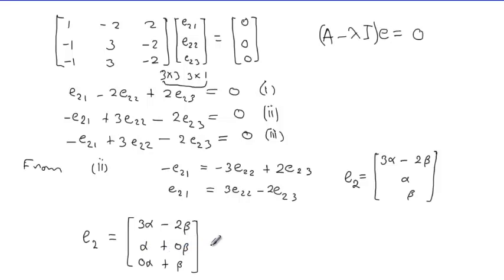Which matrices? You can take a matrix in terms of alpha, which is 3 alpha, alpha, and 0, added to minus 2 beta, 0, beta, and beta.